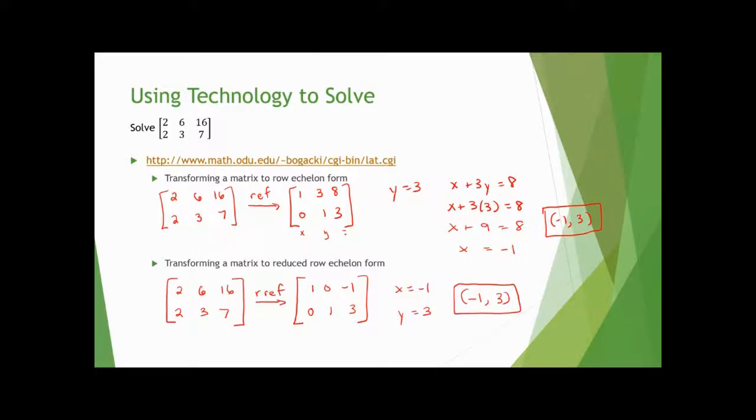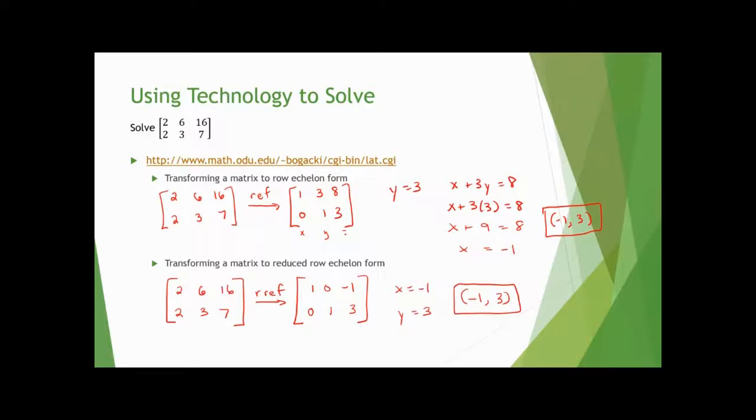So that's how you would show work if you're using technology, and that would give you full credit. If you just wrote the final matrix, or you just wrote the answer, but you didn't write this in between, you're not going to get full credit. This is how you're demonstrating what you typed in, what you started with, what you ended with, which method you used via technology, and then you're giving your answer.